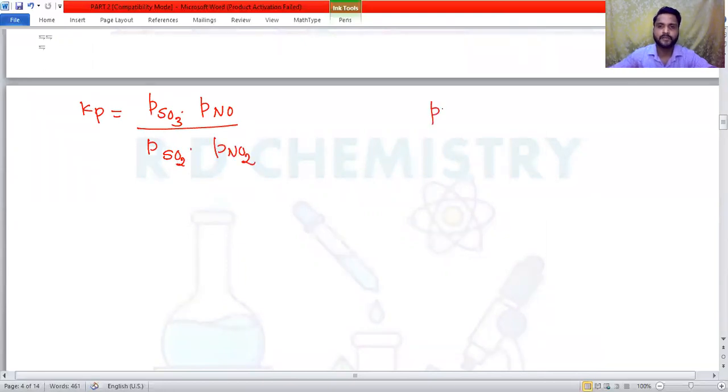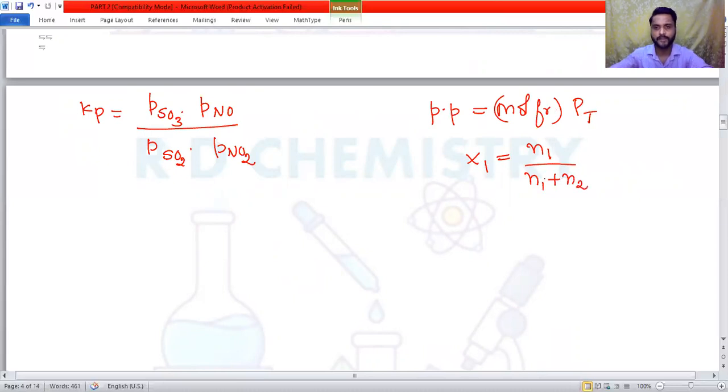How to calculate partial pressure now? Partial pressure is equal to mole fraction times the total pressure. How to calculate mole fraction? Let me take x1: number of moles of the given component divided by total number of moles. I have assumed here 2 moles are there, right?